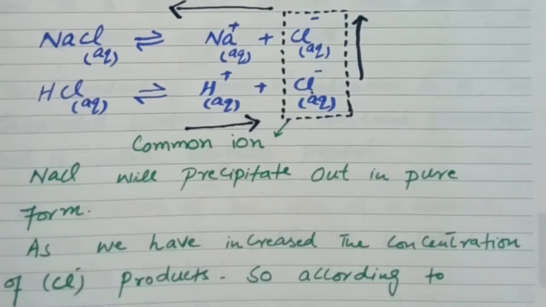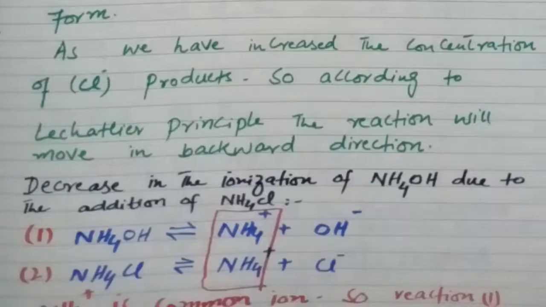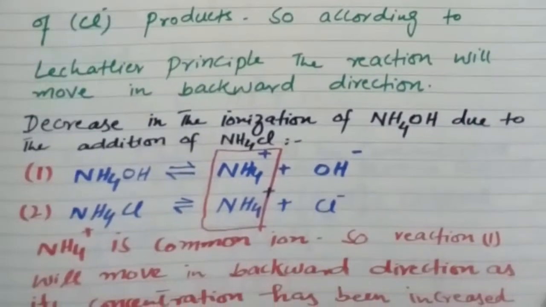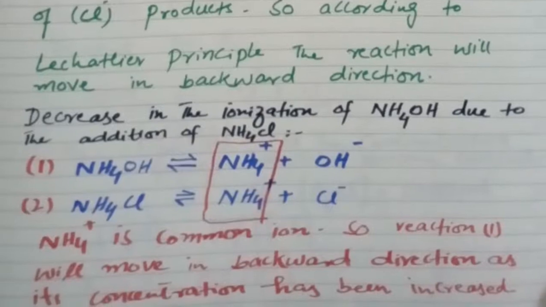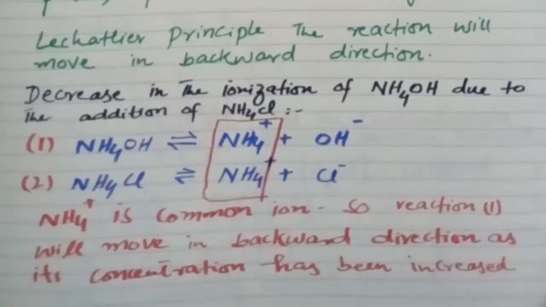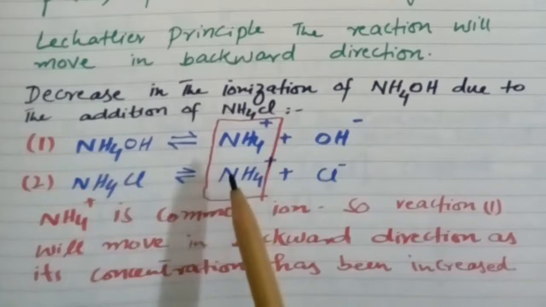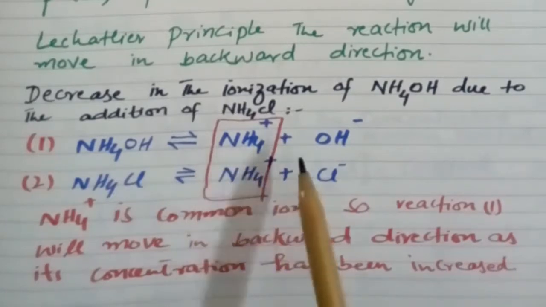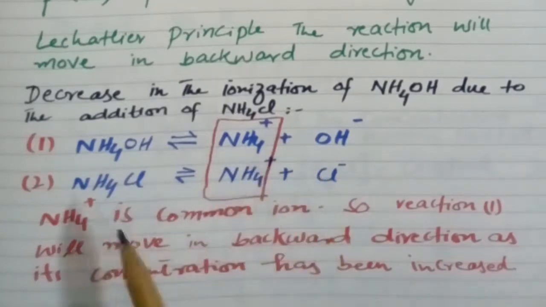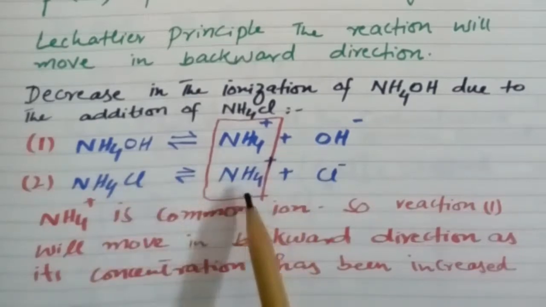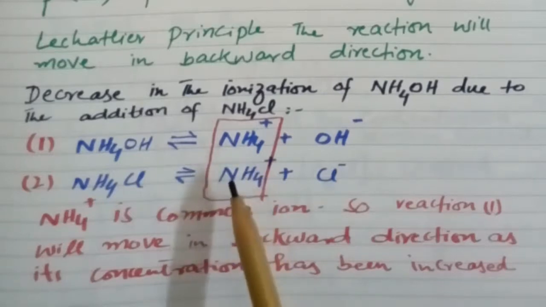Another application of the common ion effect is the decrease in the ionization of ammonium hydroxide due to the addition of ammonium chloride. Let's suppose ammonium hydroxide is present in an equilibrium state, with ammonium ions and hydroxide ions present. When ammonium chloride is added to this solution, it will increase ammonium ions in the reaction mixture, and these ammonium ions are common in both cases.